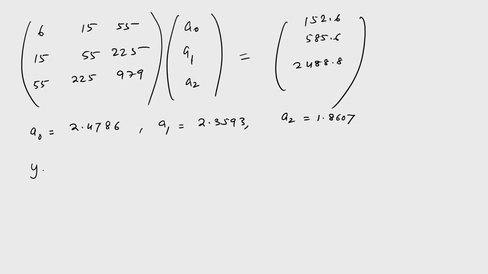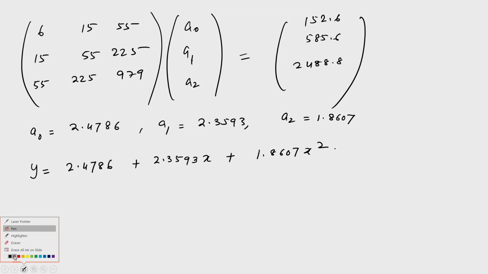So, what we get is a quadratic fit, that is a quadratic line which fits the data: 2.47857 plus 2.35 86, let us call it simply 2.3593x, plus 1.8607 x square. So, this is the best fit to the line.